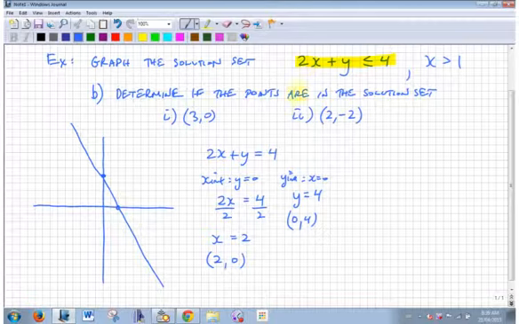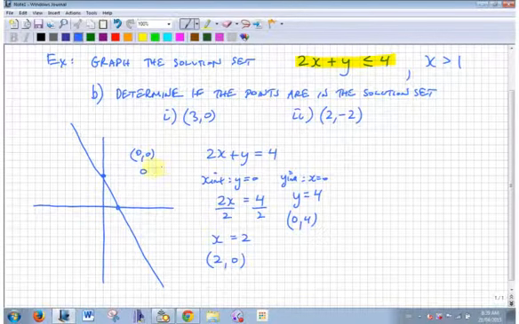All right, now what side do I shade? Choose a test point. If you can use (0, 0), use it. So put in a 0 here. I'll write it down. Okay, (0, 0). 2 times 0 is 0. Plus y is 0. What's 0 and 0? 0.